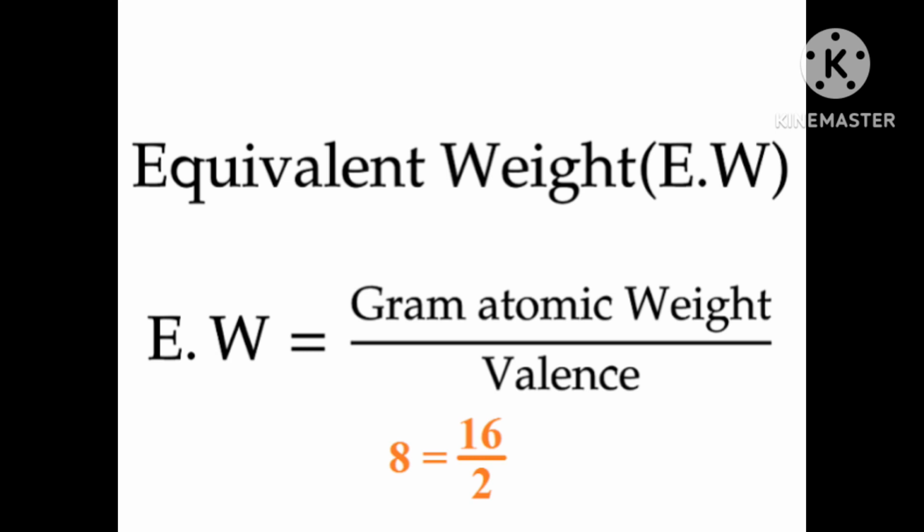atomic weight into specific heat is equal to 6.4 approximately. Again, listen: atomic weight into specific heat is equal to 6.4. This is approximate.